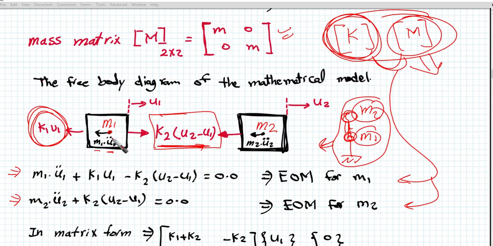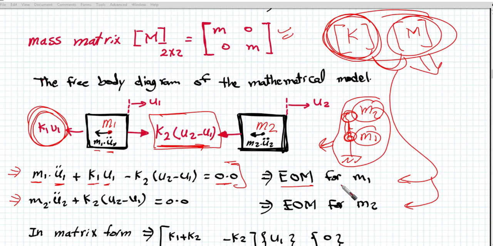Then if we apply the equation of motion for the first mass, we can put it like M1 U1 double dot plus the resistance K1 U1 minus K2 times (U2 minus U1), this is the force here, equal to 0. It should be under equilibrium.